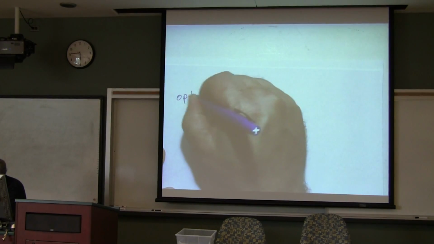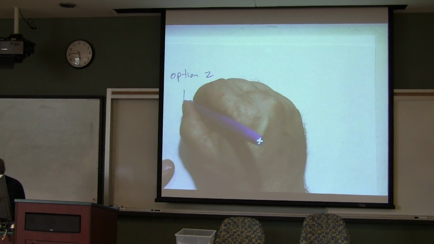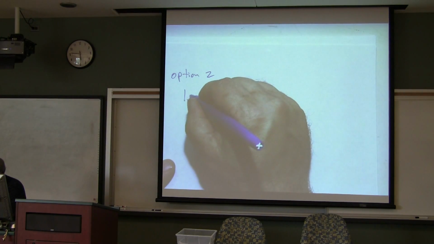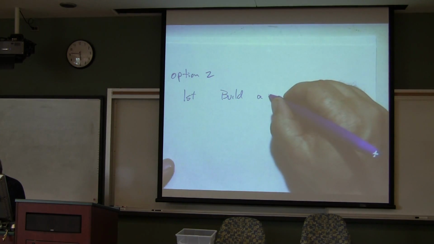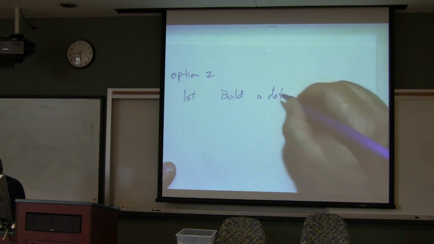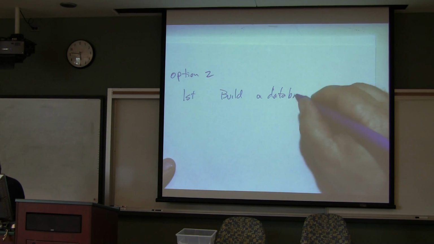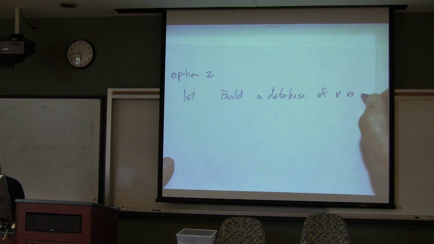Option 2. Can you do the second part of that by just assuming that you already know the distance equation? The voltage to distance? Yeah, if you already know the distance equation, you can build a database of voltage versus distance.